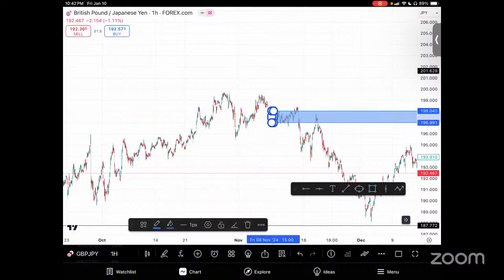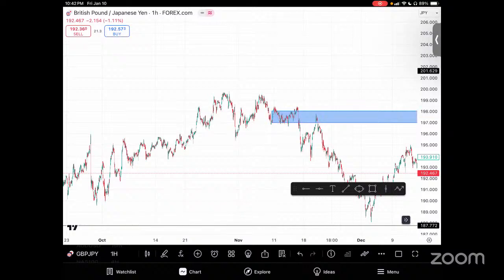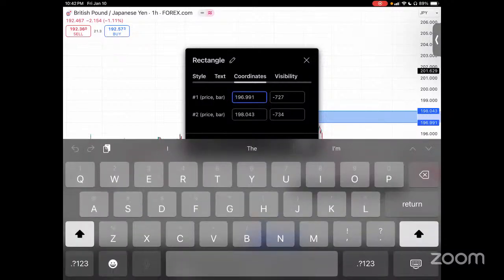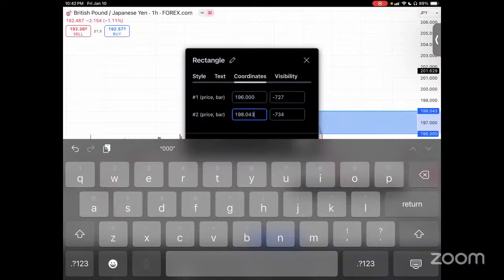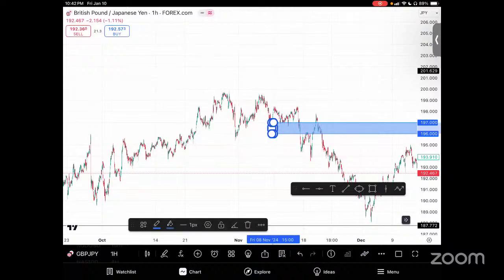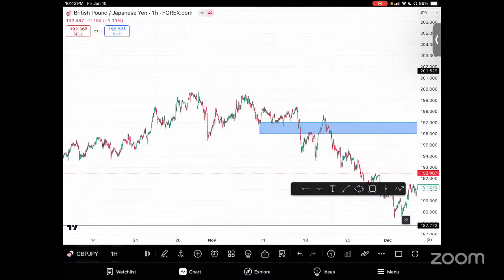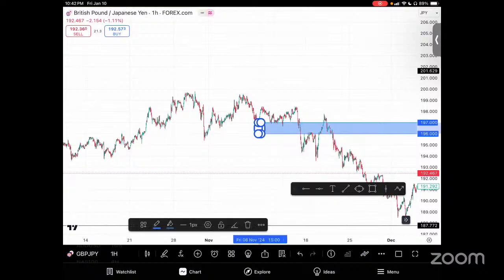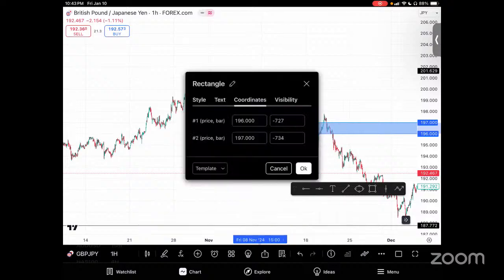Would that be consolidation? 196 even to 197 even. I'm sorry, 197, 198. So let me adjust that. Hold on. 197, 198.